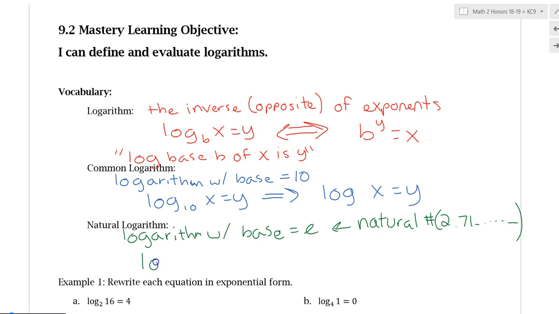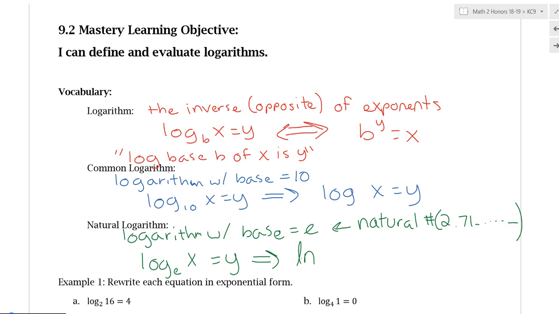So if I was to write log base e of x equals y, how we write that is we write the natural log, or we write ln. It's out of order because the first person to develop the natural logarithm was French.